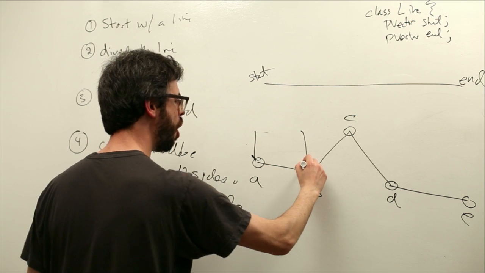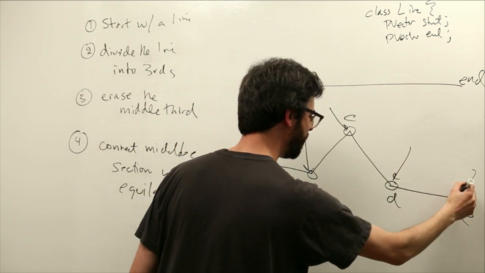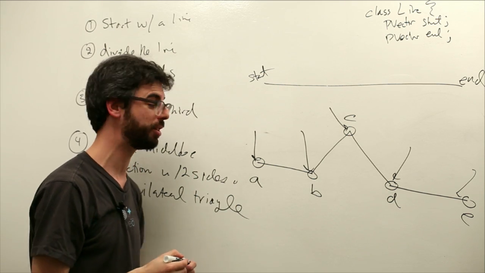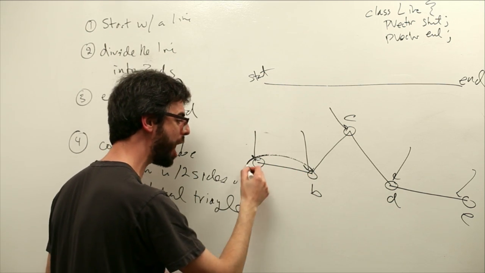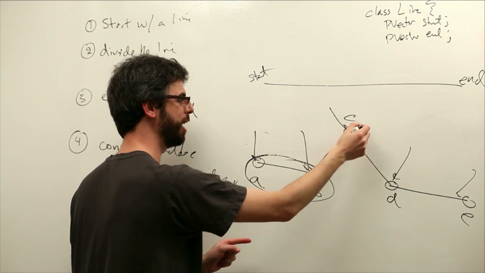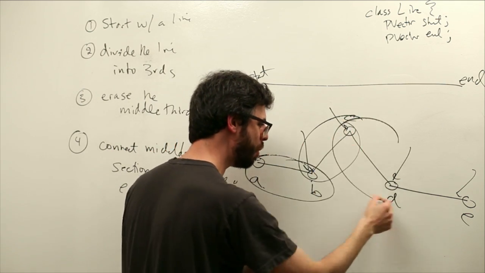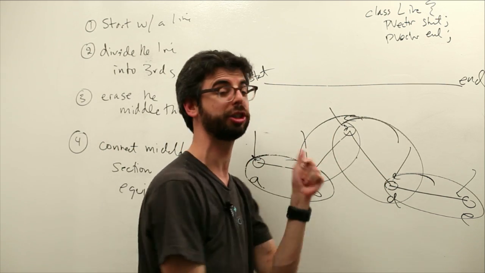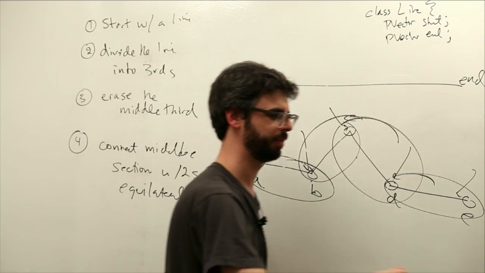So how many points is this? 5 points. If we have start and end, how do we get all 5 points? And then we can make a new Koch line that's between A and B, and a new one between B and C, and a new one between C and D, and a new one between D and E, and all of those line objects should go into our array list.